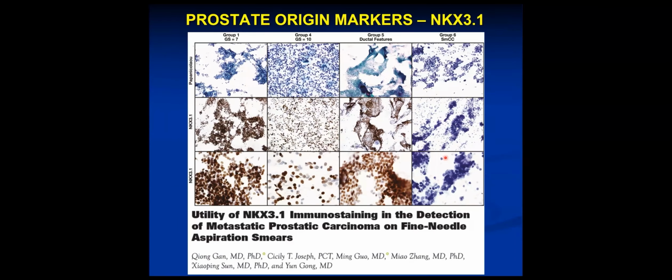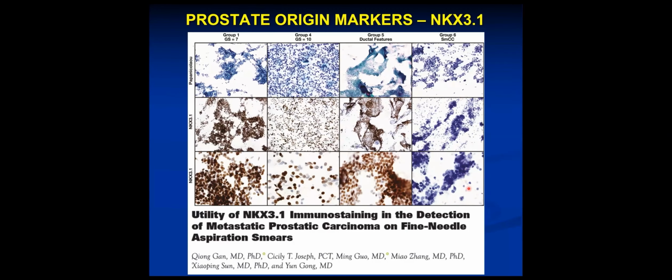Our research revealed that NKX3.1 serves as a very reliable marker for metastatic prostatic adenocarcinoma on smears across different Gleason grades of metastatic prostatic adenocarcinoma. However, as shown here, NKX3.1 is negative in all small cell carcinomas differentiated from prostatic adenocarcinoma, in all the cases, about 10 cases in our study.